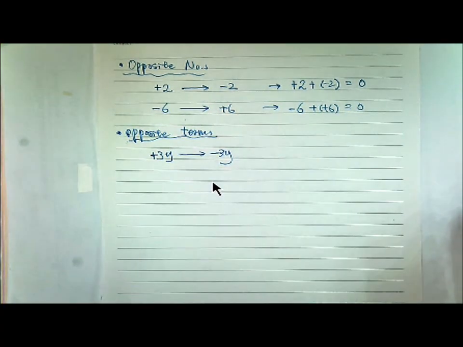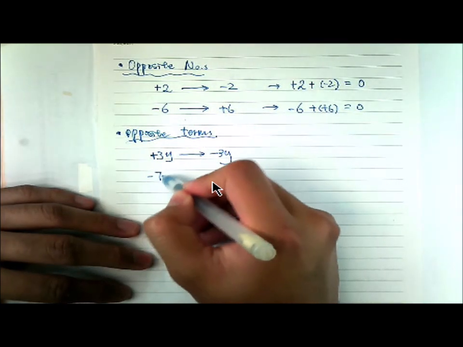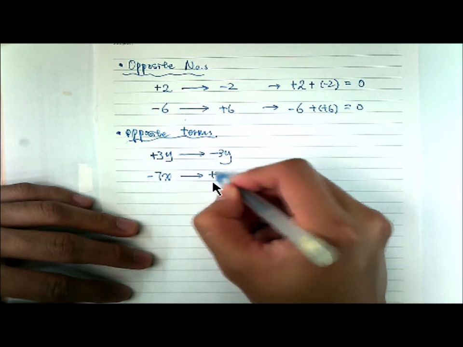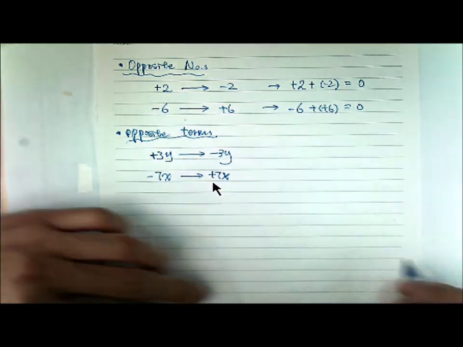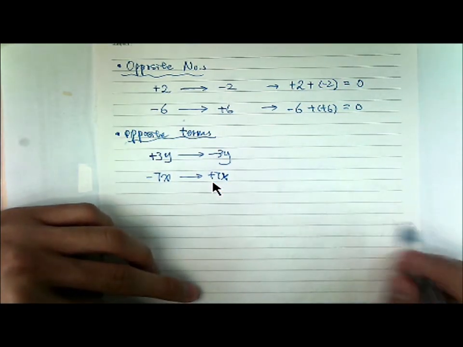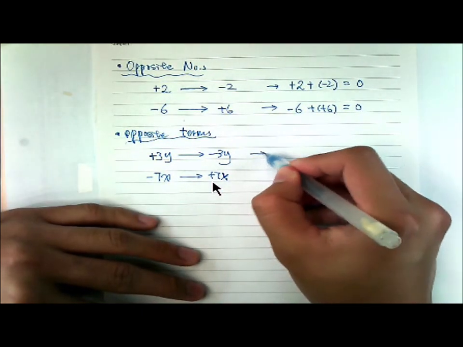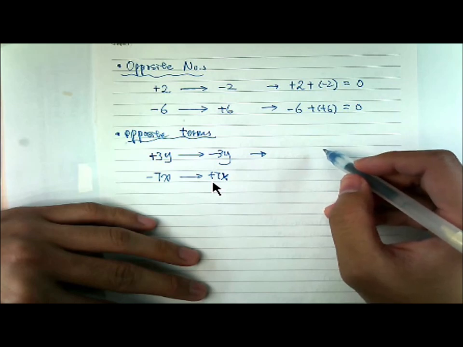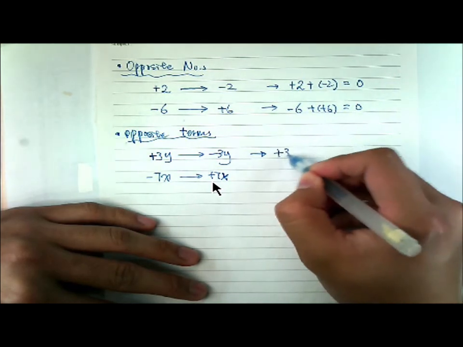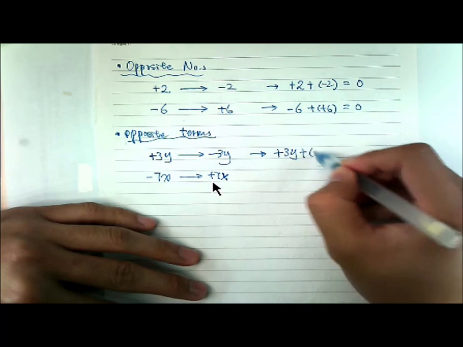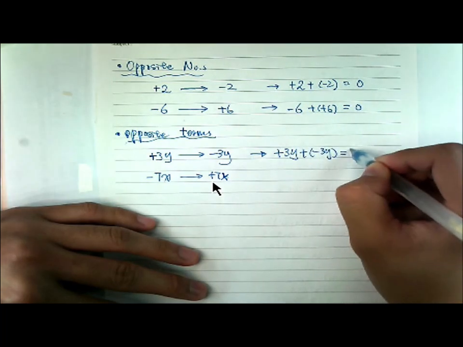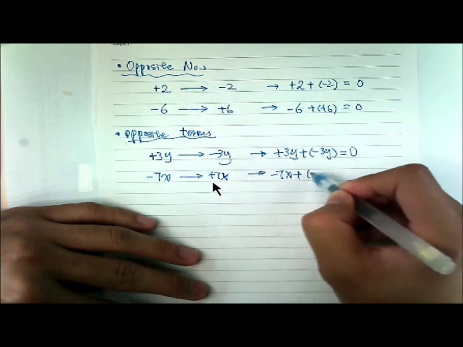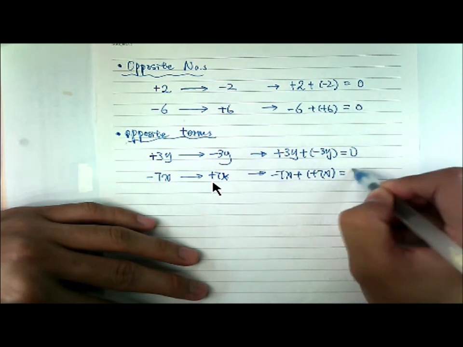If you have negative 7x, its opposite term will become positive 7x. The same thing: opposite terms sum up to 0. Positive 3y plus negative 3y will always equal 0, and minus 7x plus positive 7x will equal 0.